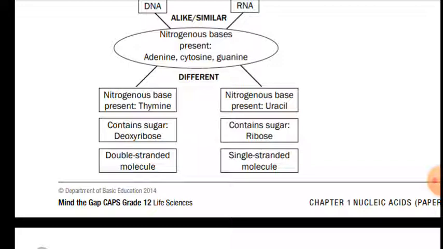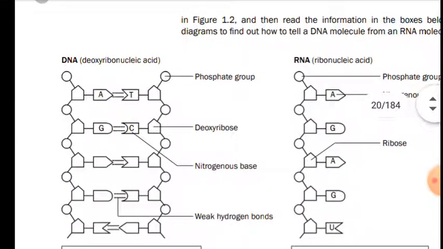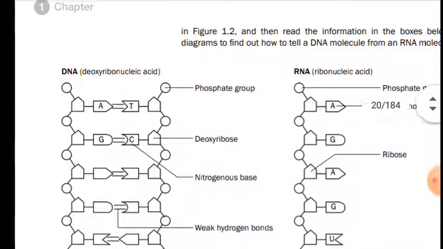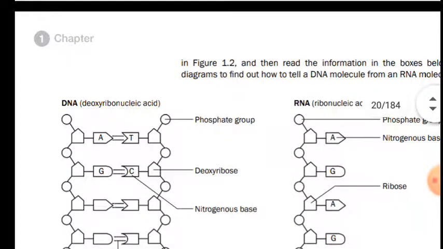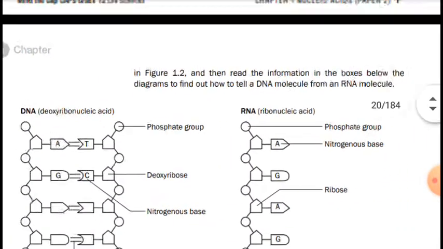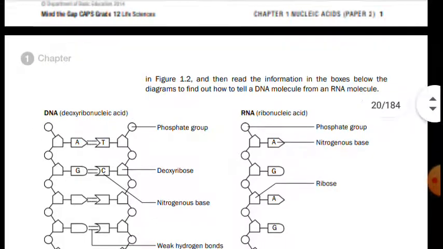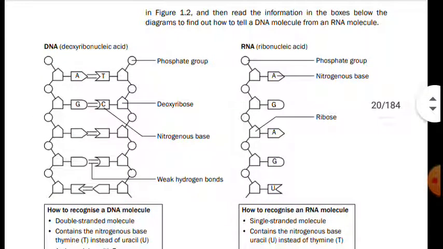Be careful with those. Now you can see what we've been given here. If you want to screenshot this and write it down, tell me in the comments below what you have written so that we can correct each other.